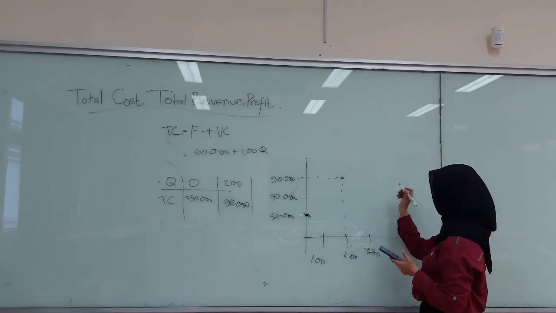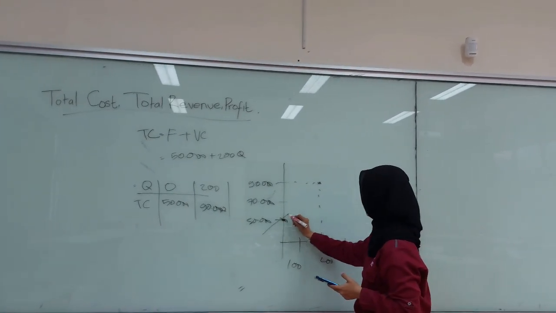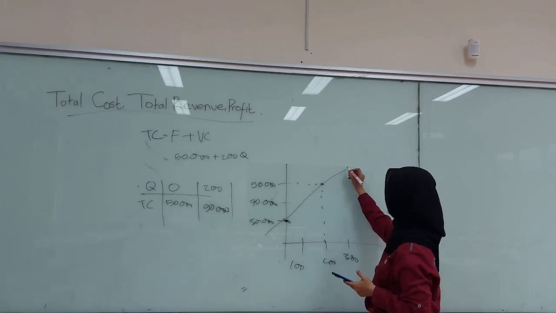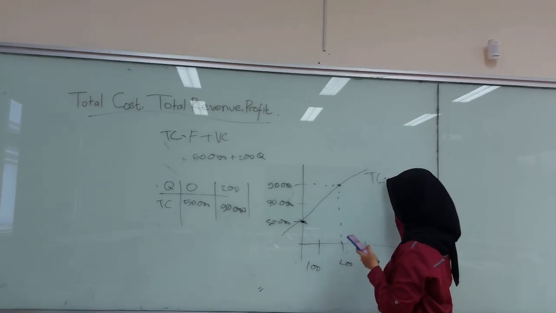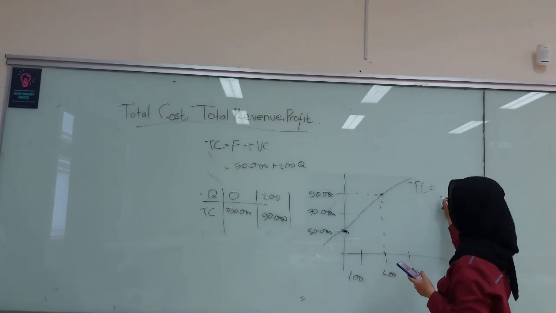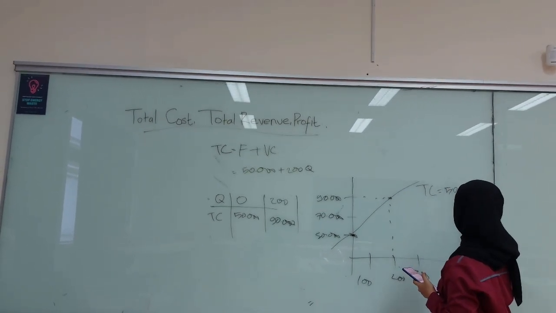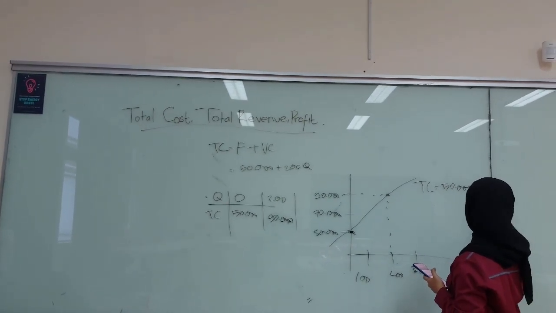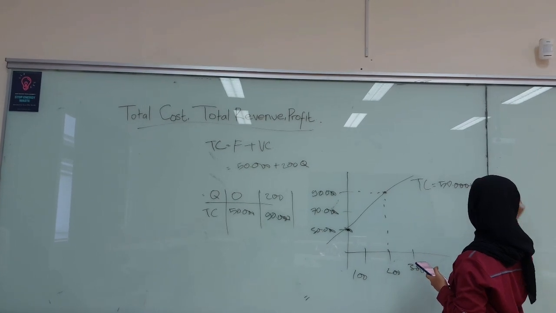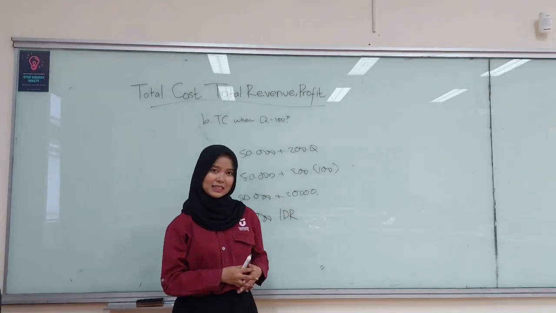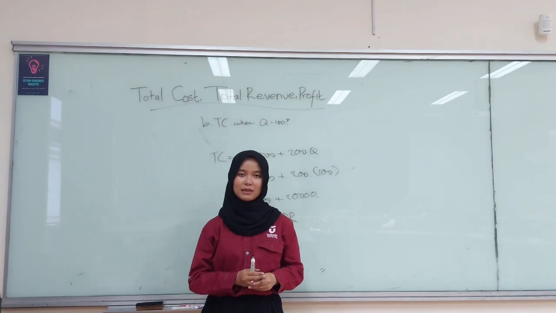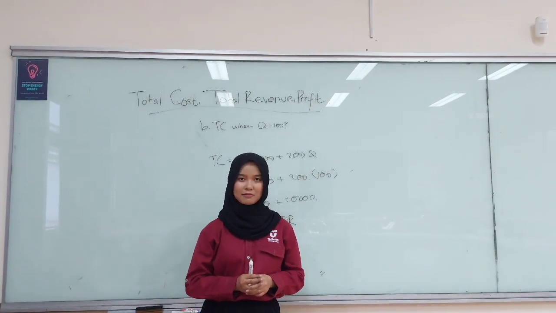You can make a line from it. So this is TC equal to 50,000 plus 200Q. That is my explanation about application of function in financial business, mathematics finance.